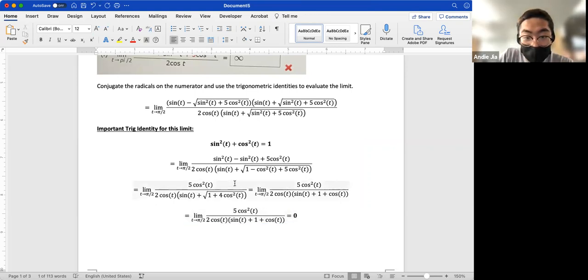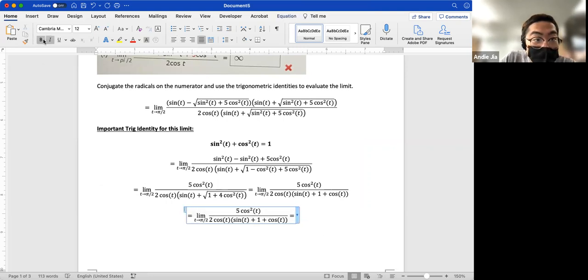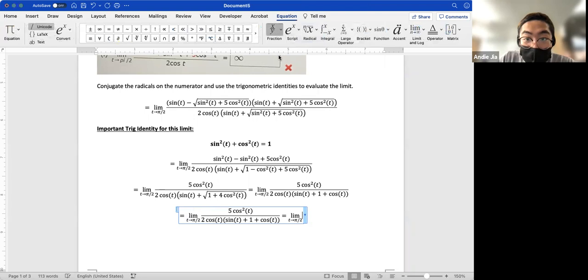Just simplify all the trig identities here, so the cosine t can be canceled. Because cosine of pi over 2 is 0, we cancel these zeros here.